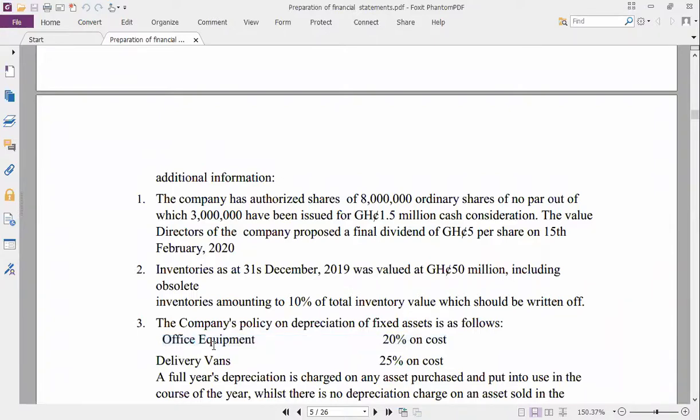If any of them repeats itself again, it will affect the depreciation. So if there's any footnote that talks about office equipment or delivery van again, apart from this footnote that we are reading, then it will have an impact on the depreciation. So take note.